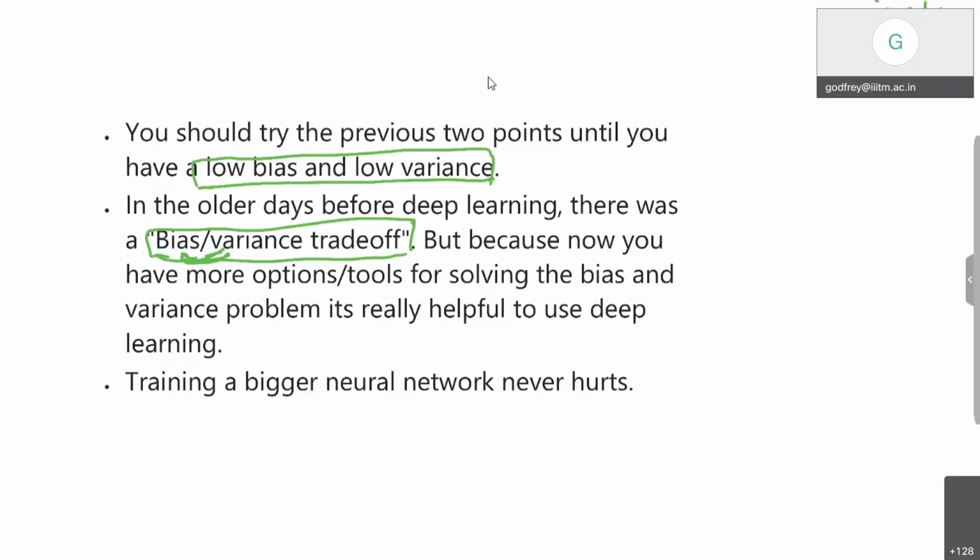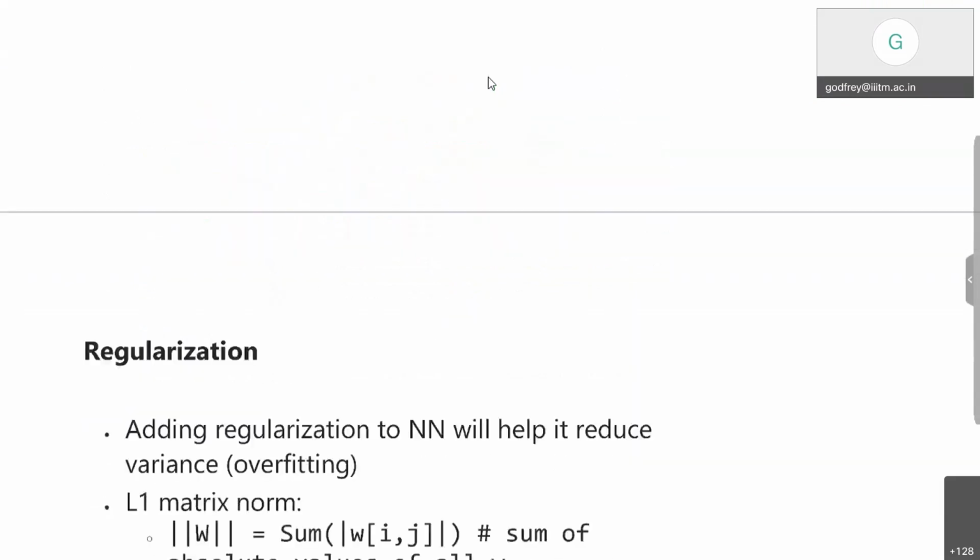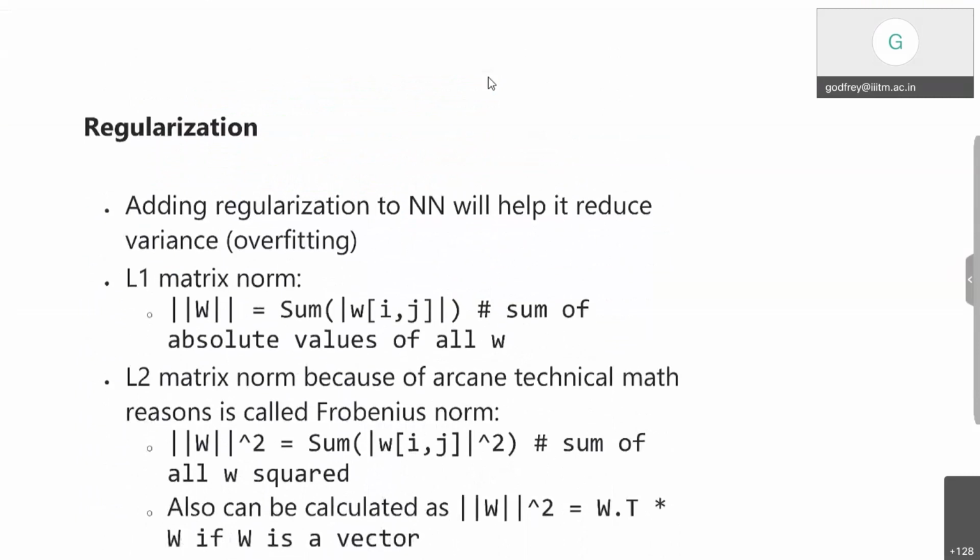There are techniques for solving the bias and the variance problem, so as to make the model useful for learning. So it is possible to bring the bias and the variance down.